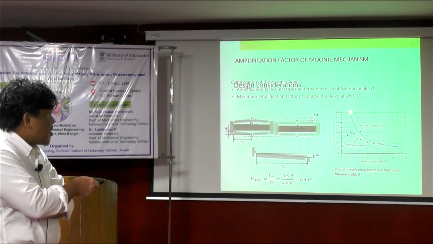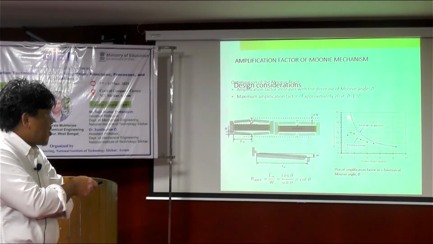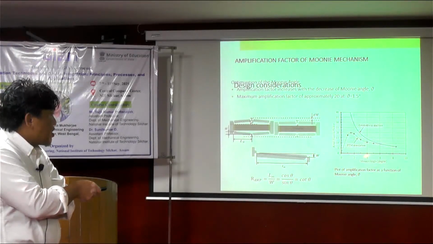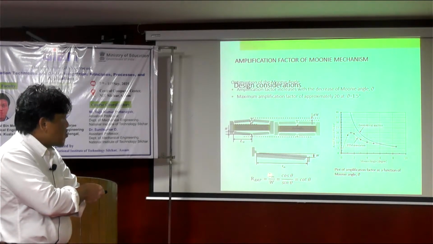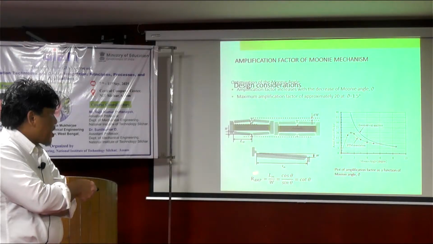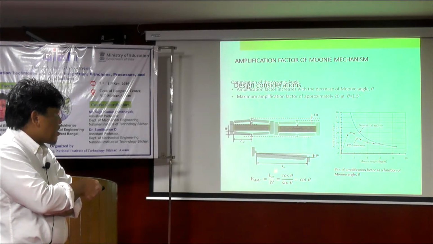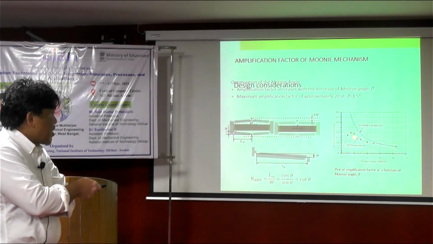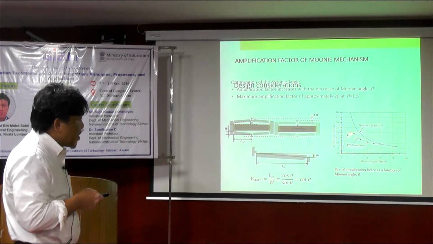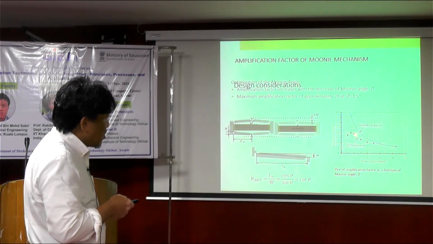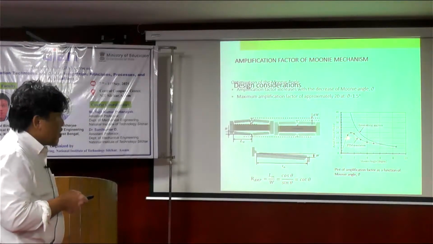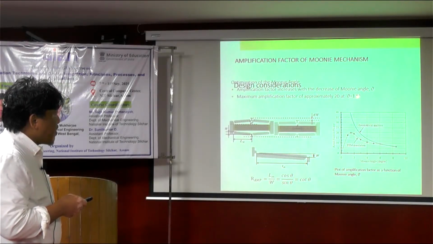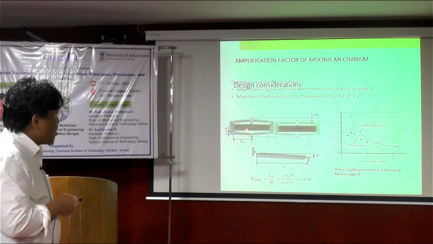That's why you can see that it is not that accurate after a certain degree here. So this is the amplification mechanism that you can calculate according to numerical calculation. But the FEM will show more accurate results, where you can see here about 20 times amplification can be made by about 0.5 degree of this angle.